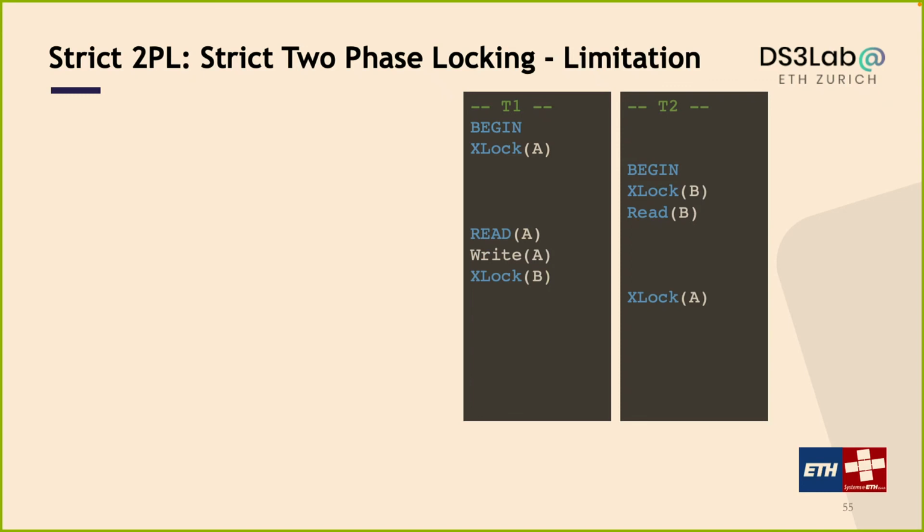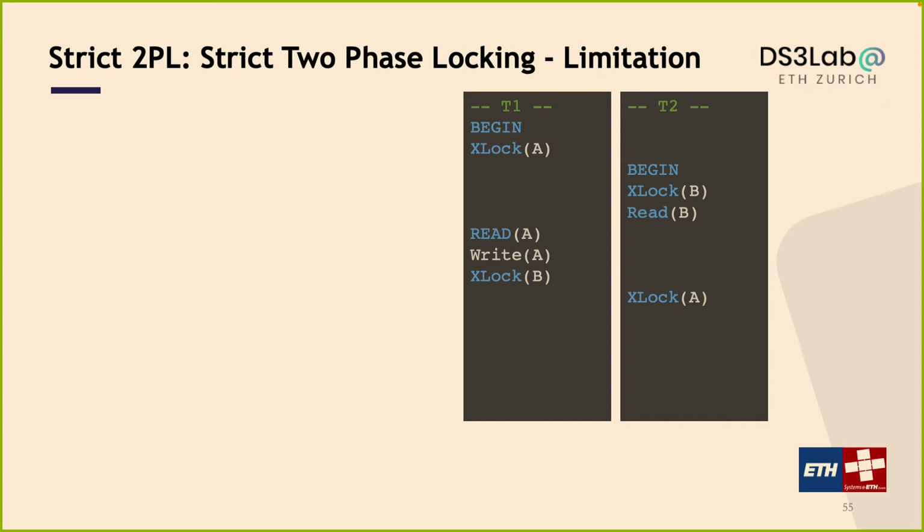But two-phase locking is also not perfect. There could be problems coming from strict two-phase locking also. Now let's look at this schedule. T1 has an exclusive lock on A, T2 an exclusive lock on B, different objects, okay? T1 is holding the lock on A, T2 is holding the lock on B. Different objects, it's fine.